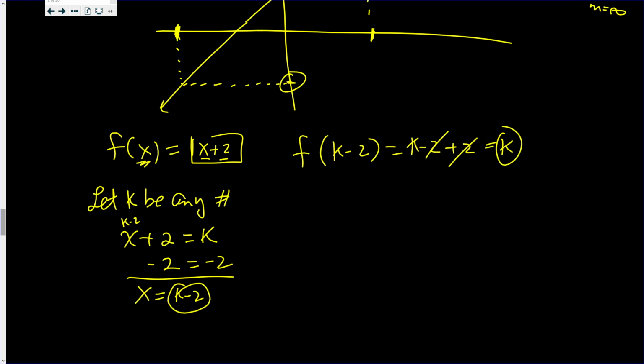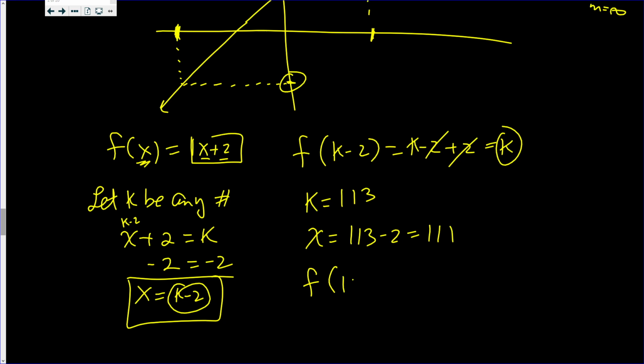That is, if you want to get 113, here's the recipe. Let x be the number you want minus 2. And check this out. F of 111 is x plus 2. Yeah, I really did get back 113.